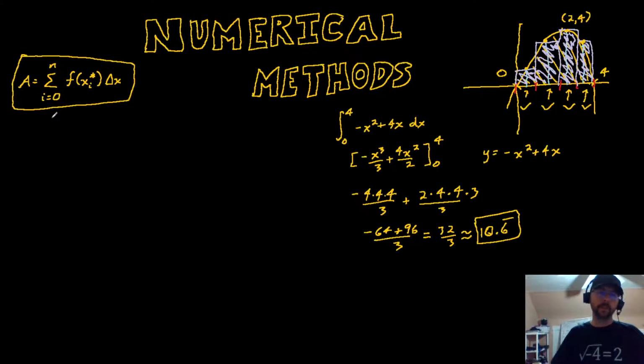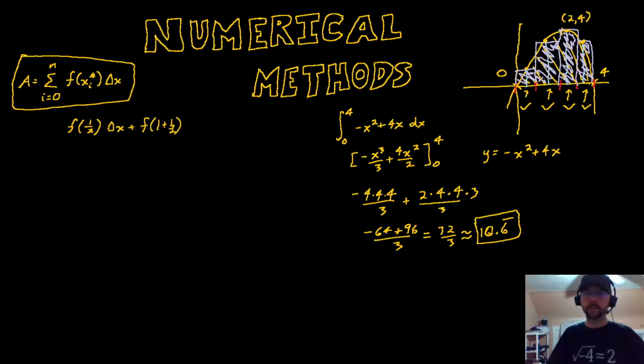So what we're going to have is f of half times delta x plus f of 1 plus a half.